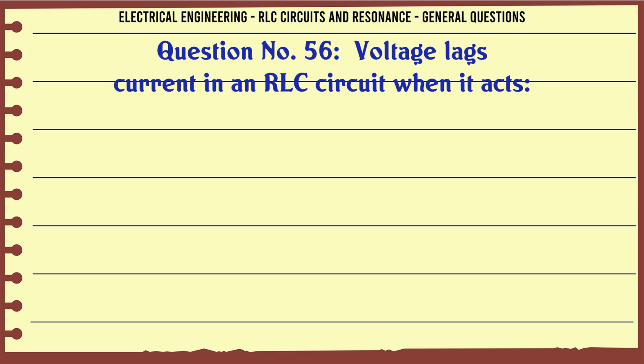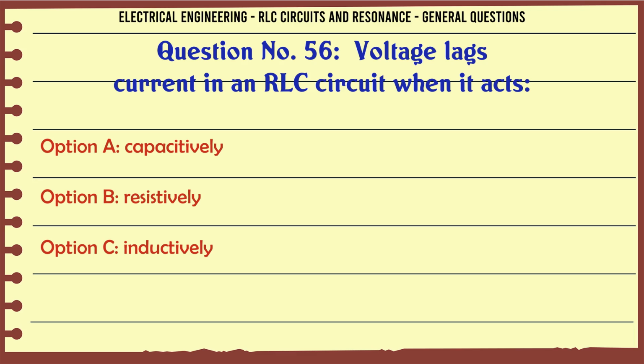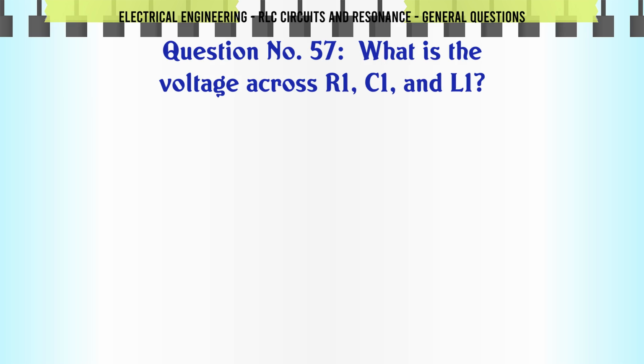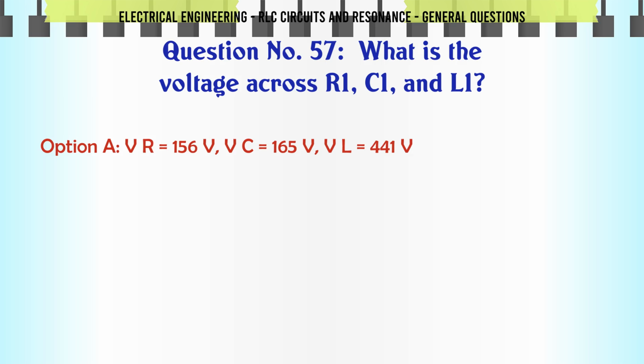Voltage lags current in an RLC circuit when it acts A. Capacitively. B. Resistively. C. Inductively. D. Resonantly. The correct answer is capacitively. What is the voltage across R1, C1 and L1?